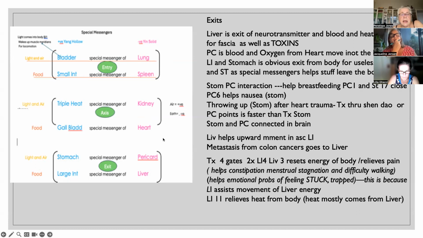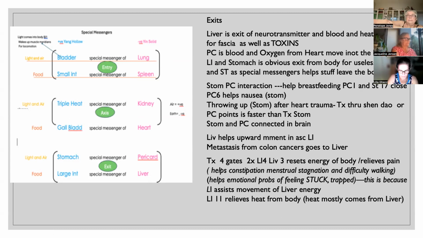So you'll see that liver and large intestine are a pair. Large intestine helps to remove excess heat from the liver. So guess what the point in the body for treating heat in the body is? Large intestine 11.